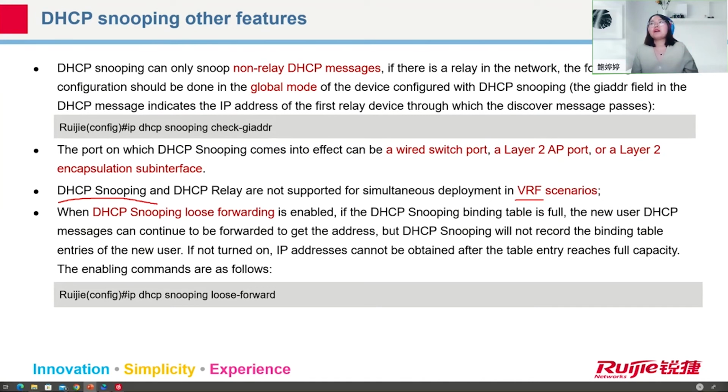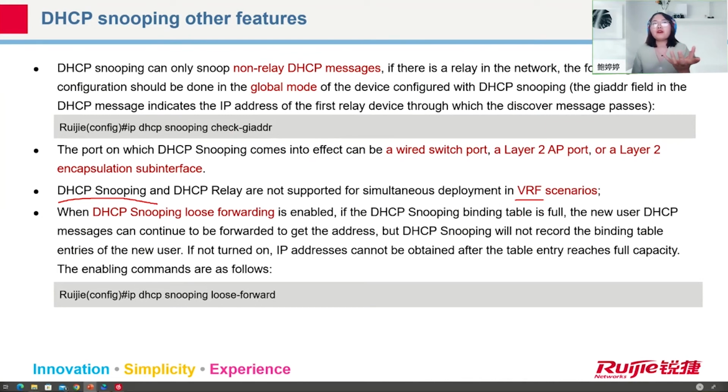But pay attention, the entry also has a number limit. For example, we only allow 500 entries in the snooping table. Then if there are more than 500 clients, that means your table is full.